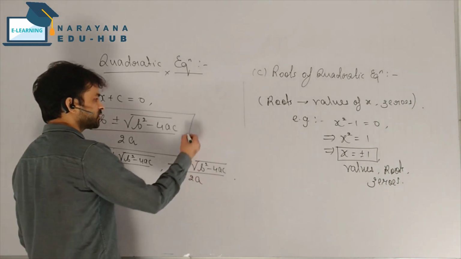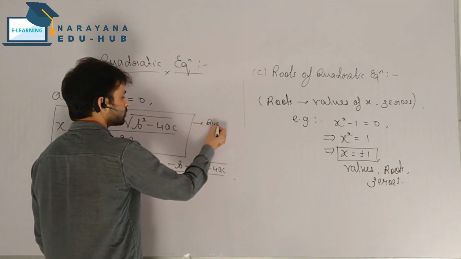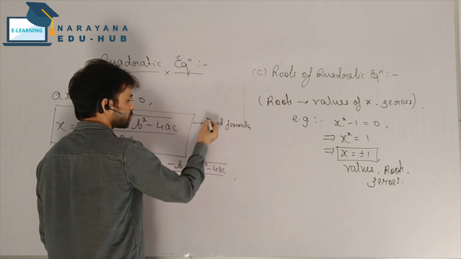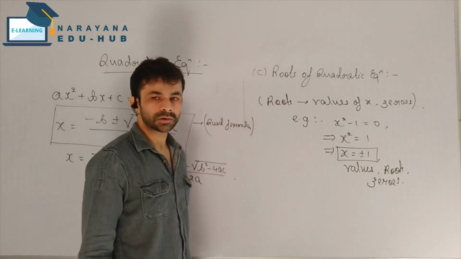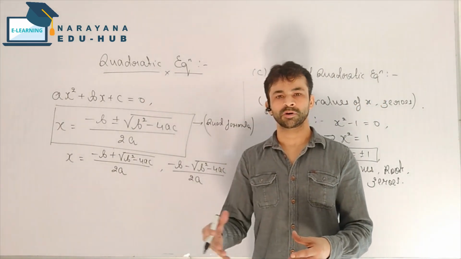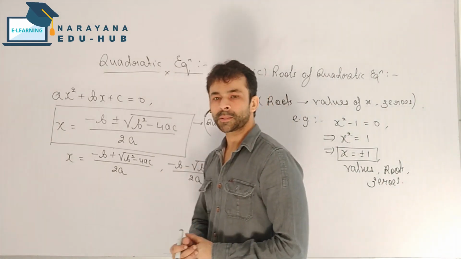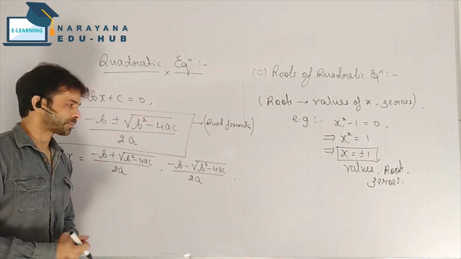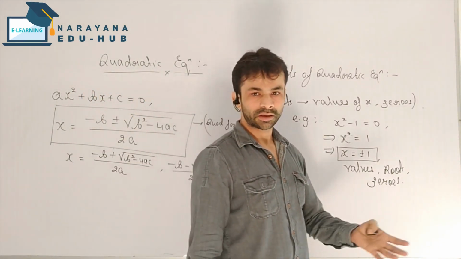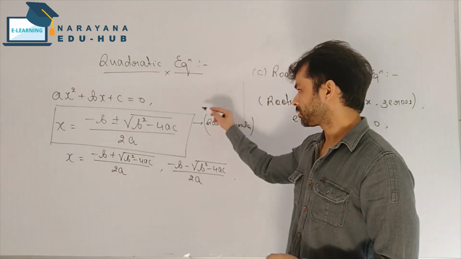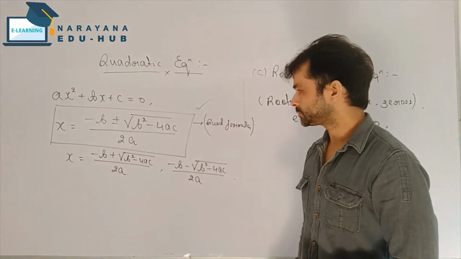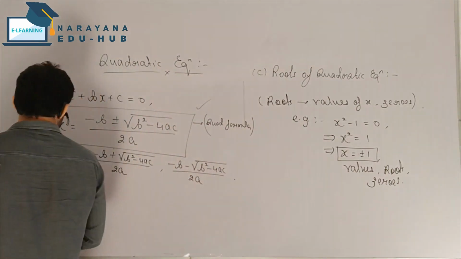This is called the quadratic formula, also known as Sridharacharya formula. Sridharacharya was a well-known Indian mathematician, so based on his name this is called the Sridharacharya formula. So these are the roots.